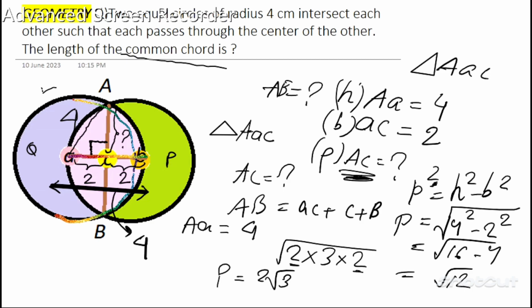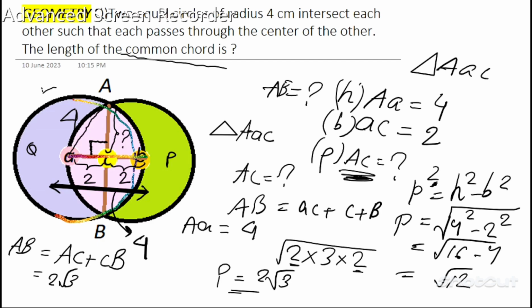And we know, over here, write down the picture. The AB, that's the common chord, is actually AC plus CB. We just found the value for AC, which is 2 root 3.